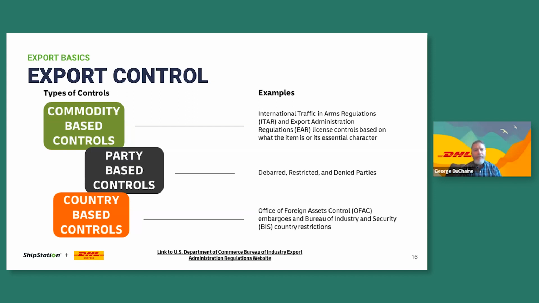And then the last control we're going to talk about is the country-based controls. So I mentioned, if you're going to send some off-the-shelf night vision goggles to Venezuela, you probably would need a license from the U.S. government to do that. If you're sending them to Canada, probably not.